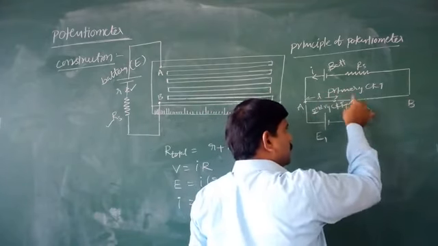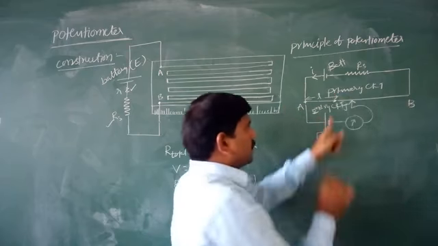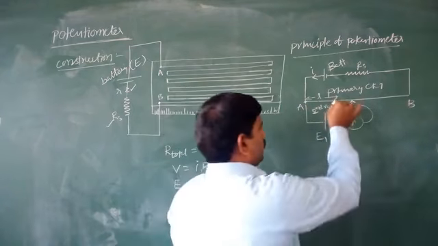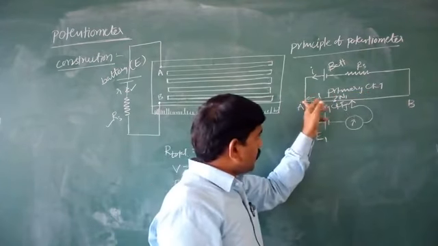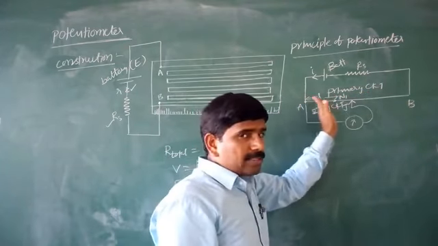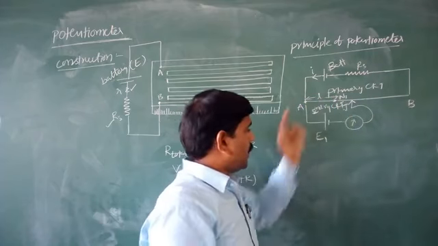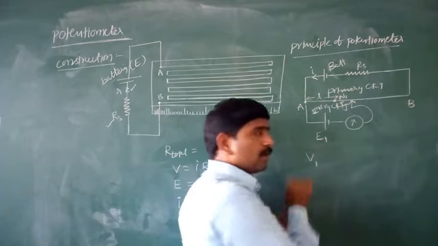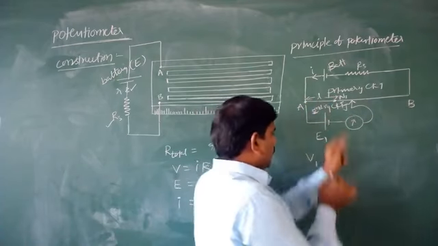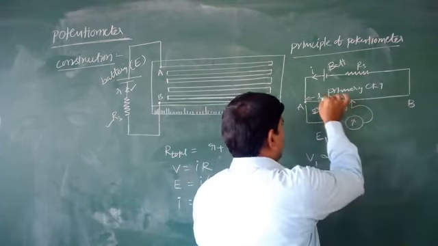Now this jockey is at some point P, or maybe N1. In that situation, the potential drop across the length of the potentiometer wire I am taking as V1. So this V1 is directly proportional to L1, which I am taking as the length.